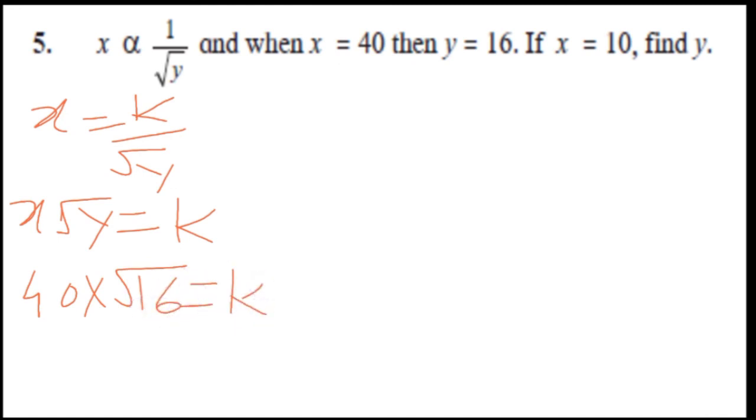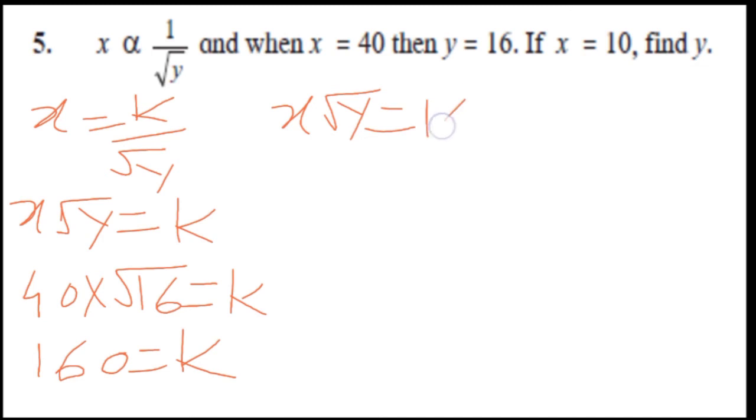Square root of 16 is 4, 4 fours are 16, means value of k is 160. Therefore equation of variation is x root y is equal to 160.